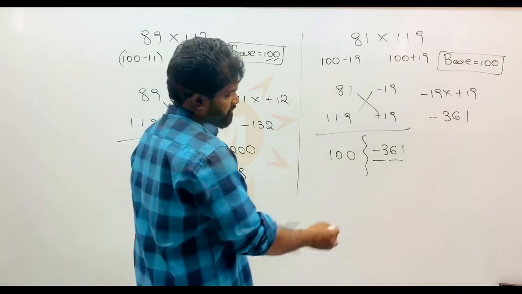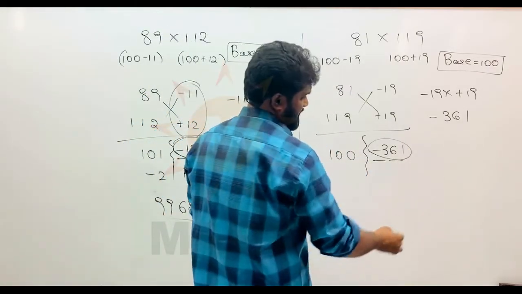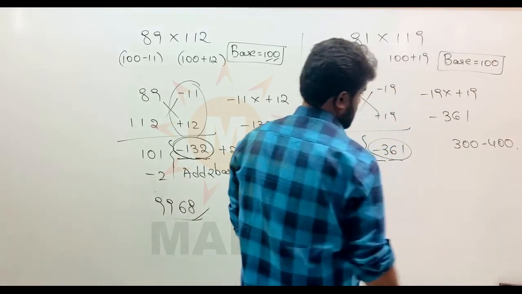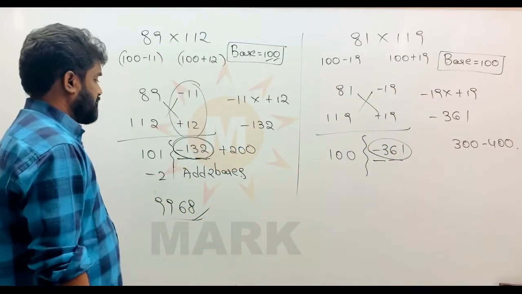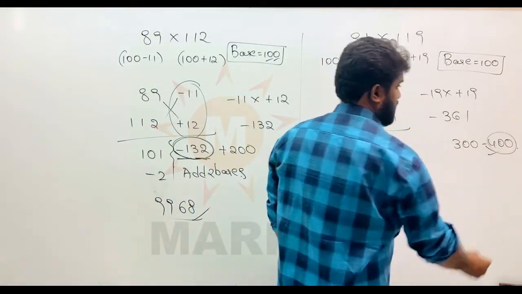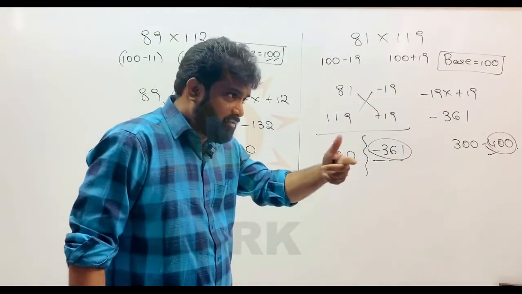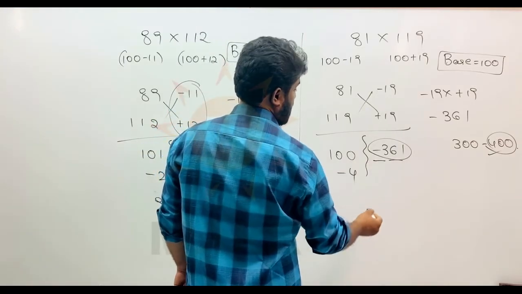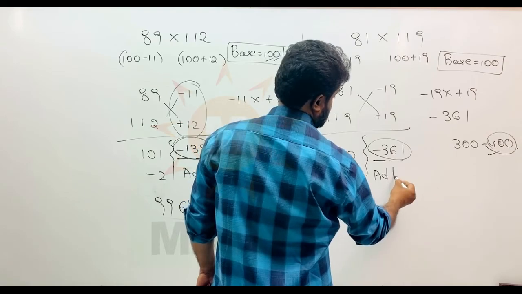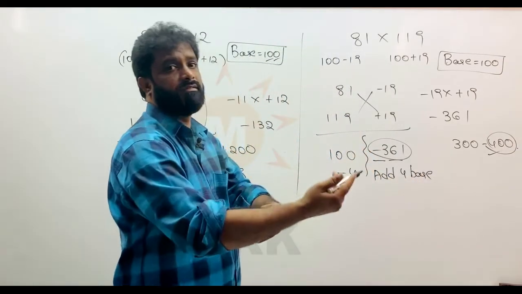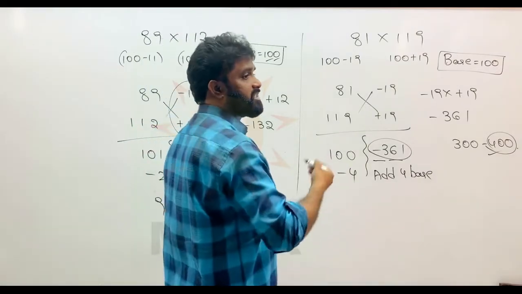Minus 361 is between 300 and 400, so the round figure is 400. So we do minus 4 here and add 4 bases, the multiple of the base.